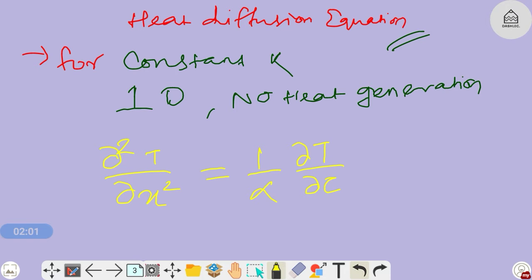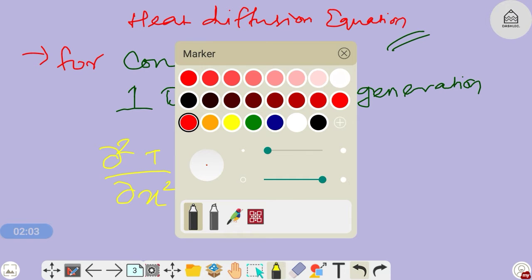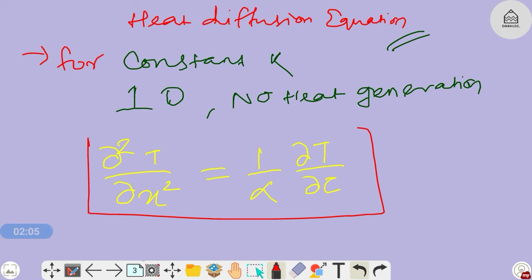Okay, this is the heat diffusion equation given in this condition: constant k, one dimensional, no heat generation.